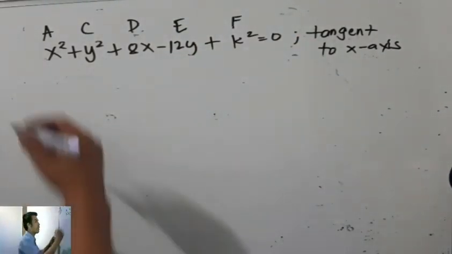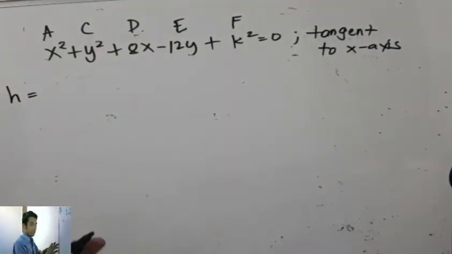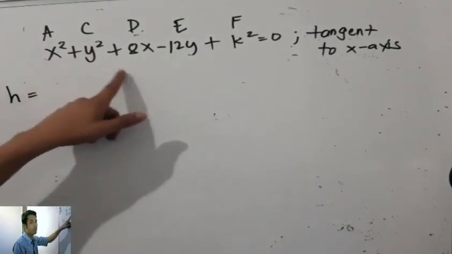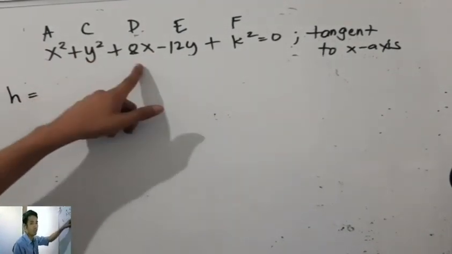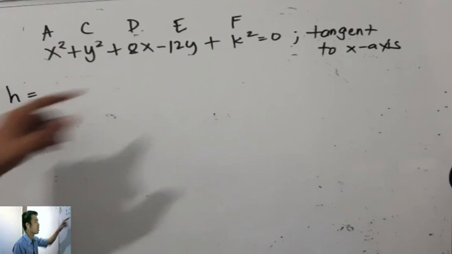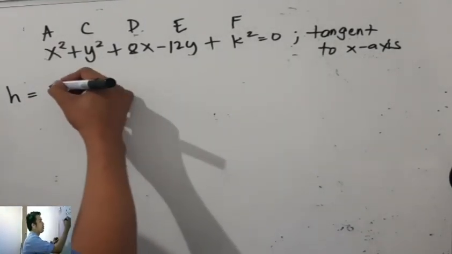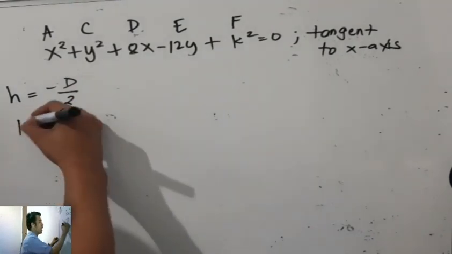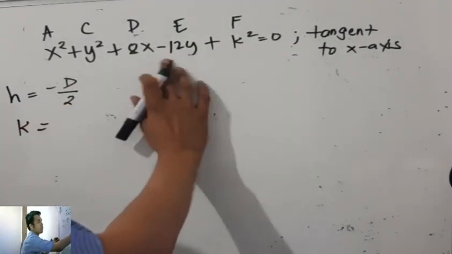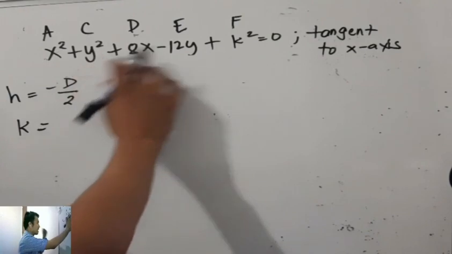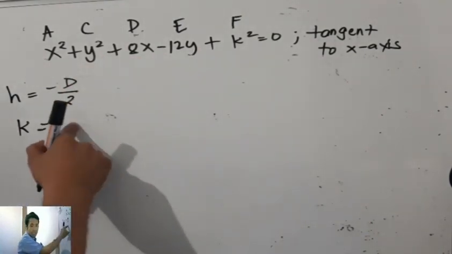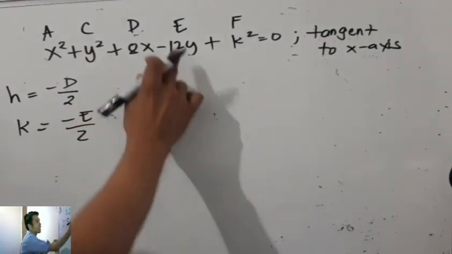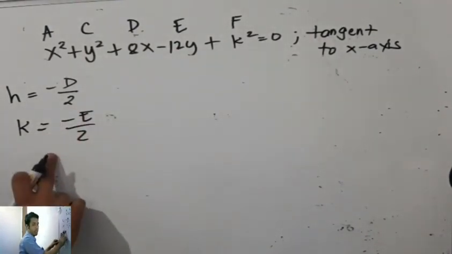To find the h, get half of d, which is 8x. We all know to find the h, that is from the x term. Simply write the formula, negative d over 2. And for the k, for the y term, to find the k, that is equal to negative e over 2, or get half of this, that will be the value of k.